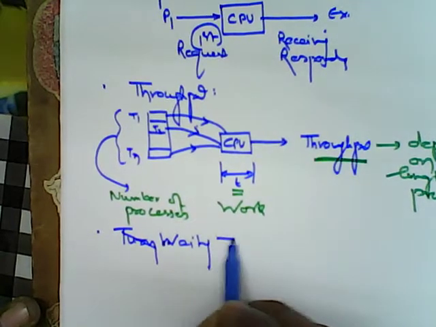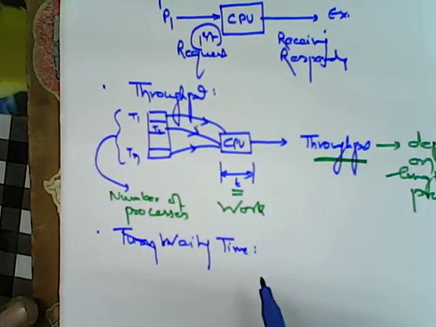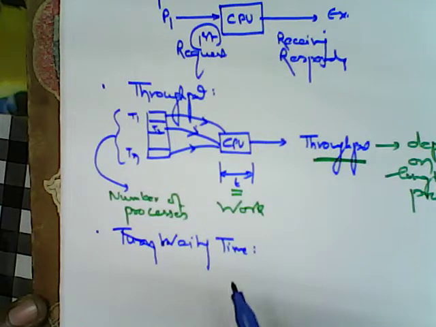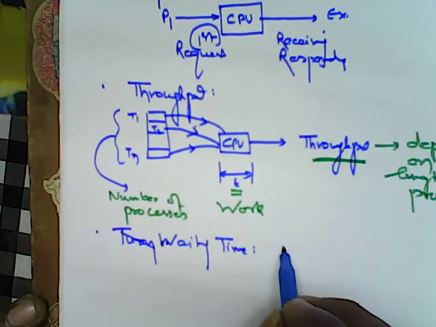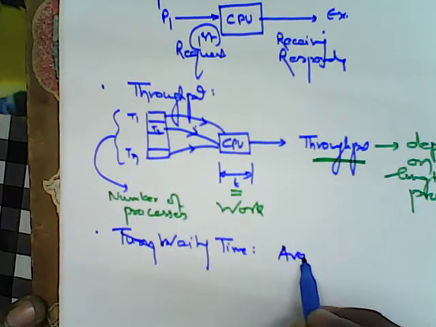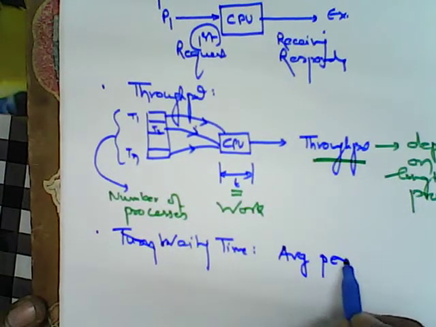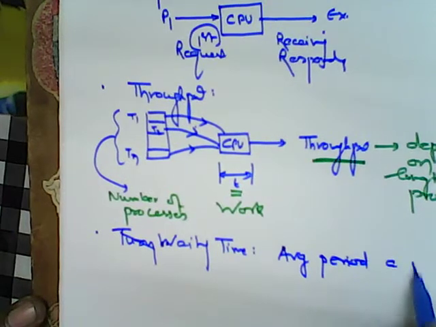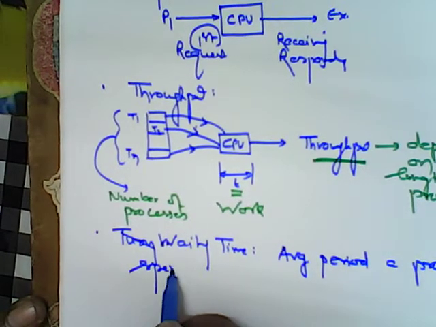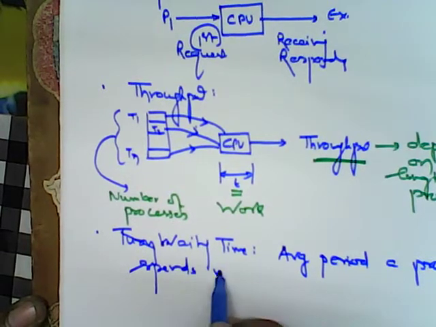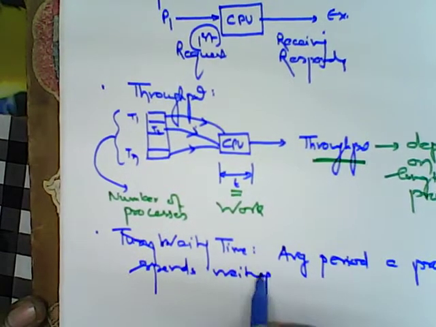Waiting time means the average period a process spends waiting. That means one process P1 is coming, another process P2 is coming.